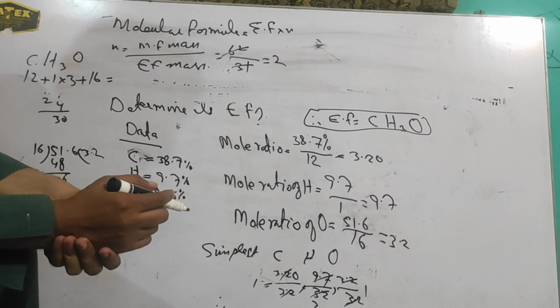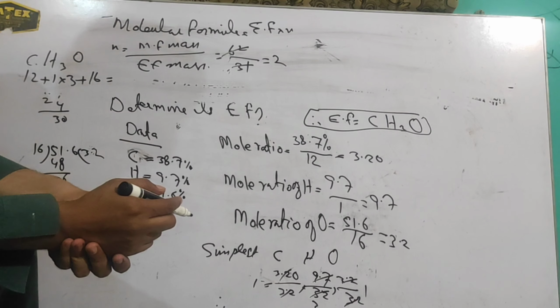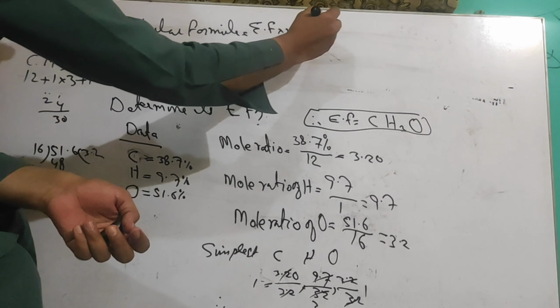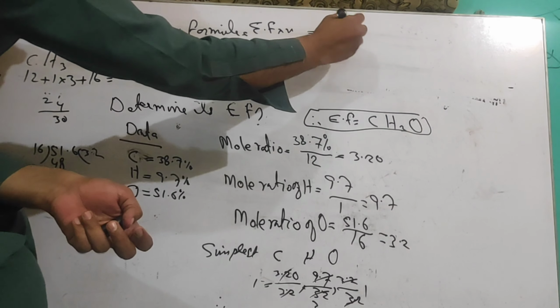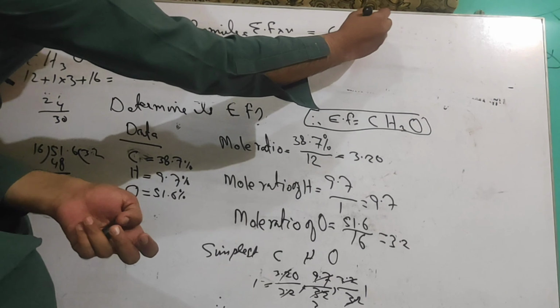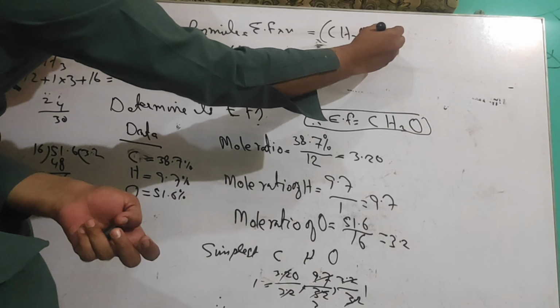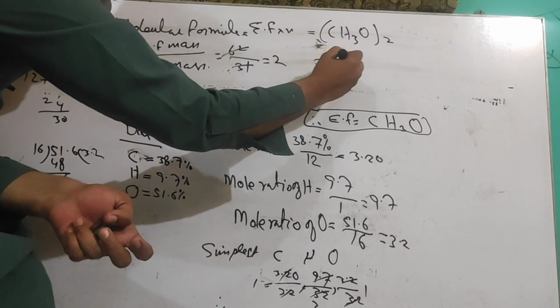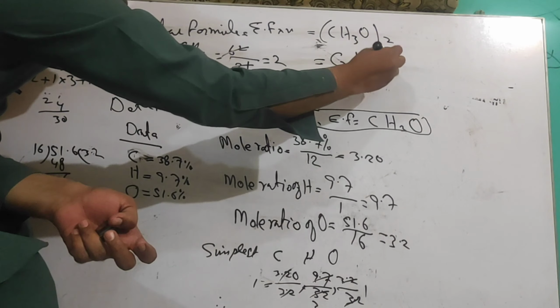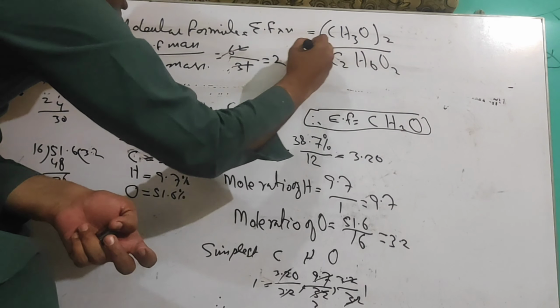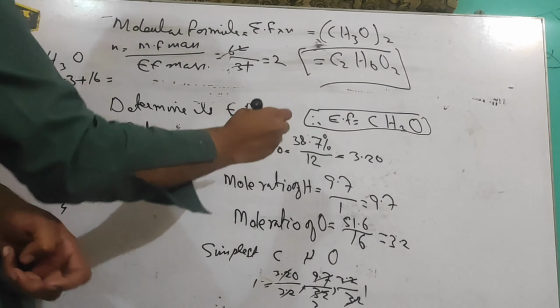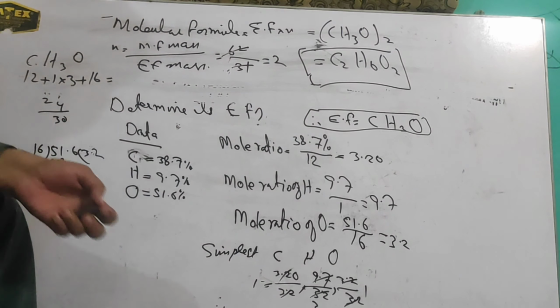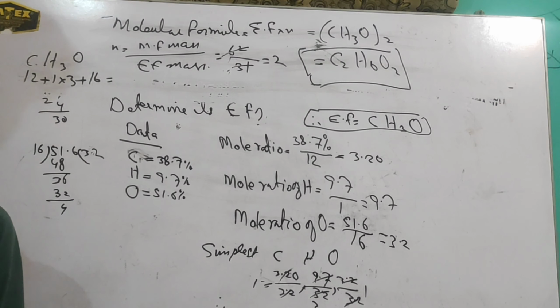The molecular formula will be equal to the empirical formula CH3O times 2. This will be equal to C2H6O2. So this is the molecular formula of ethylene glycol.